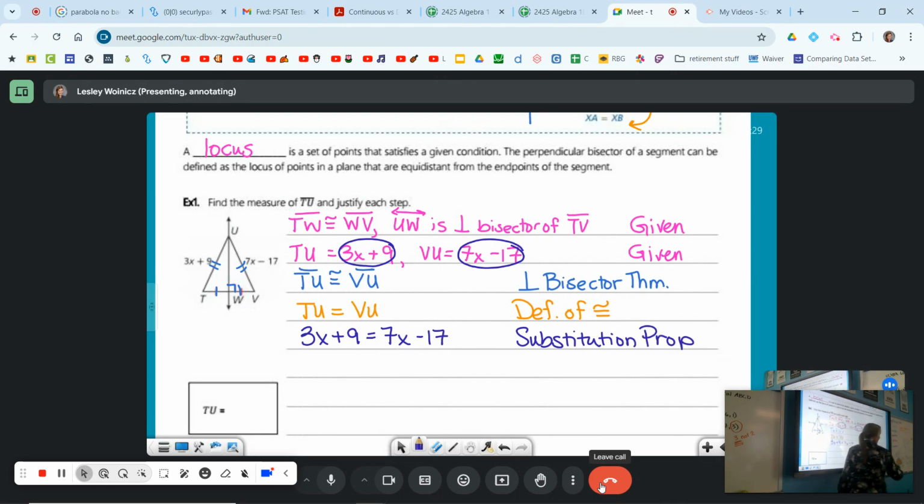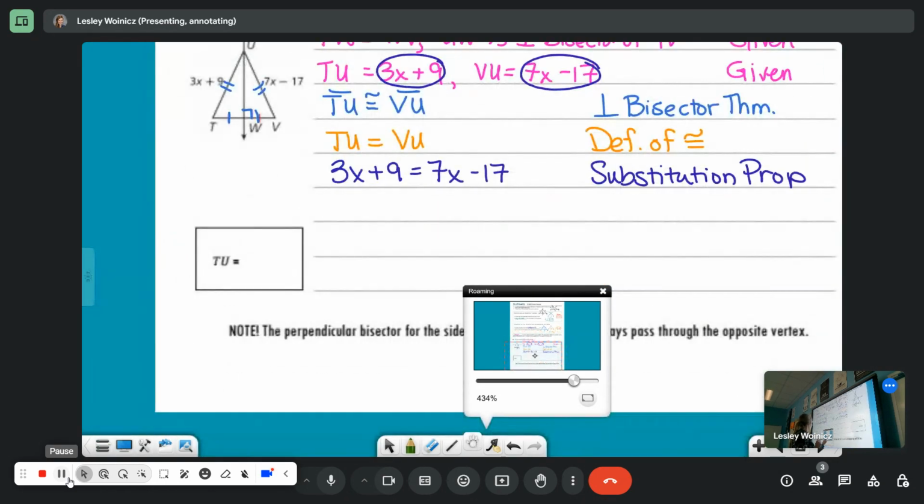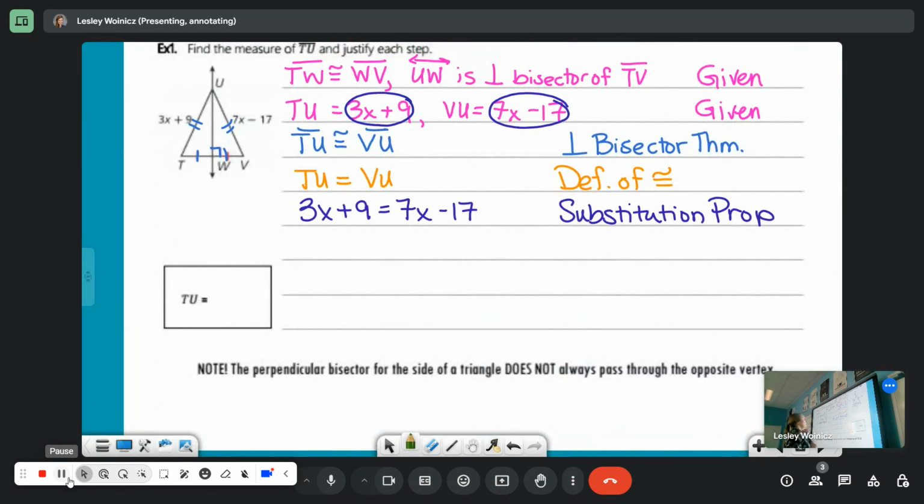Do you want to finish this up? All right, go. We're just going to finish up this proof really quick. I want to get all of my x's on one side, so I'm going to subtract away my 3x. Now I have 9 equals 4x minus 17. That is from my subtraction property of equality.